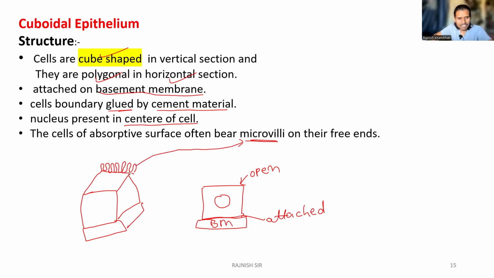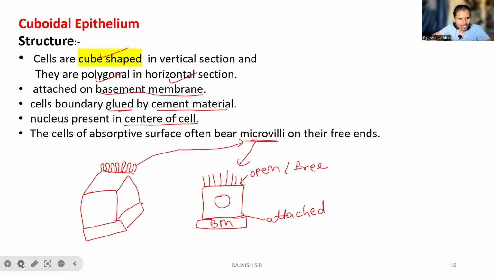So they possess microvilli on their open, or you can say free, end. Now, if I want to draw, I simply draw a hair-like structure. When this hair-like structure is there, it is known as microvilli.